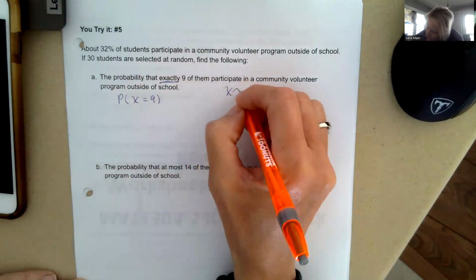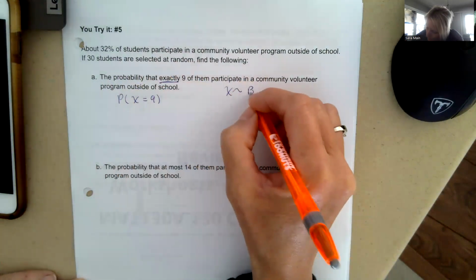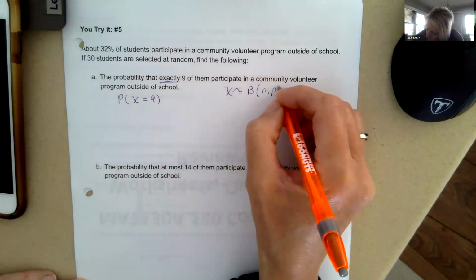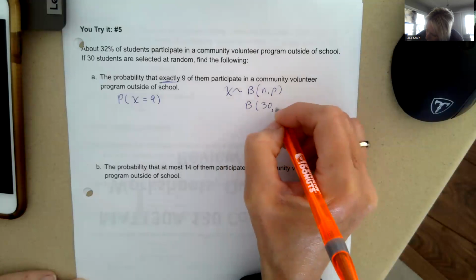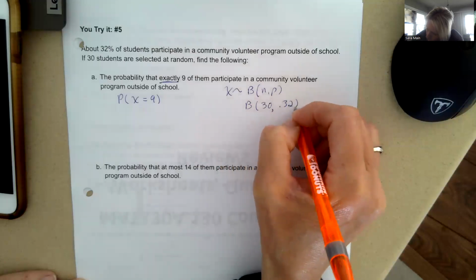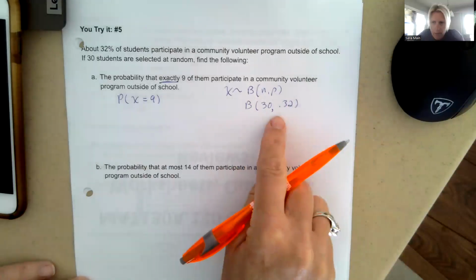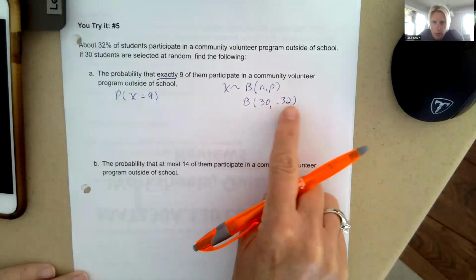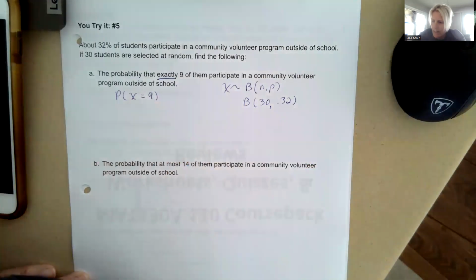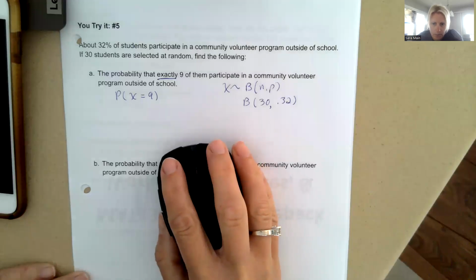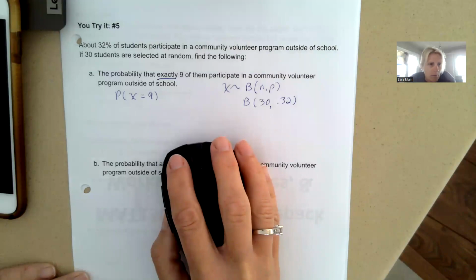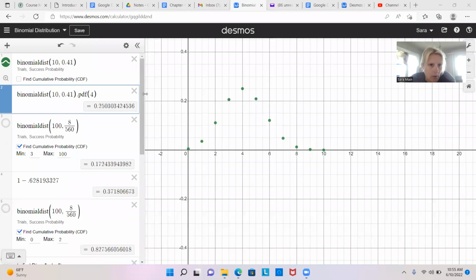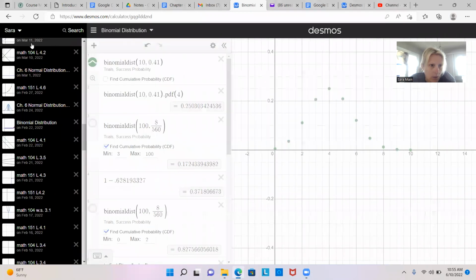And X is described as a binomial, N and P, so a binomial of 30 students, and probability of success was 0.32. So we're going to go to Desmos and put in 30, 0.32, and then we're choosing exactly 9. I'm going to make a new one here for us.